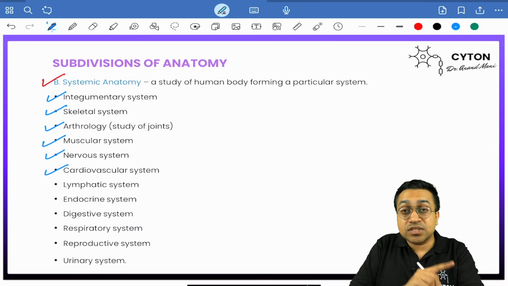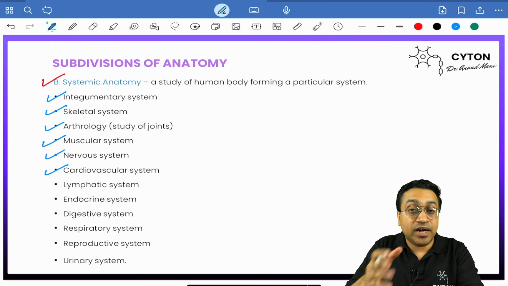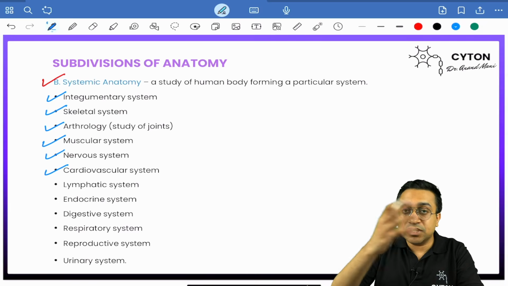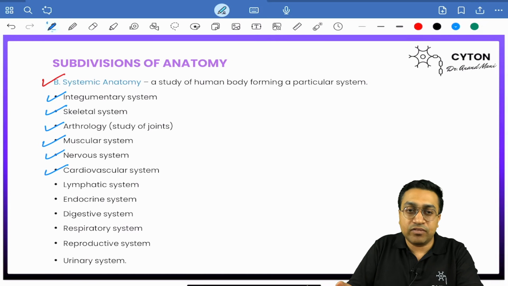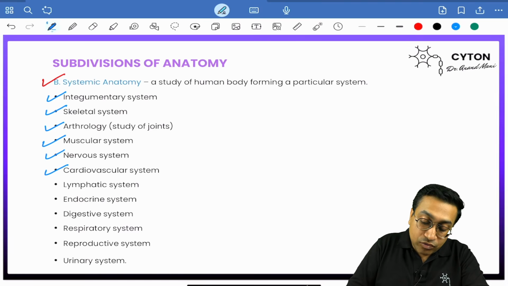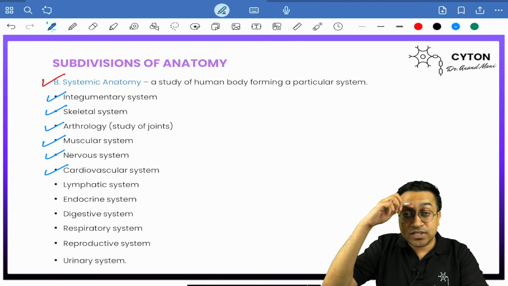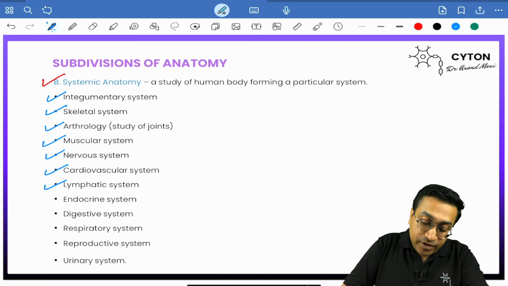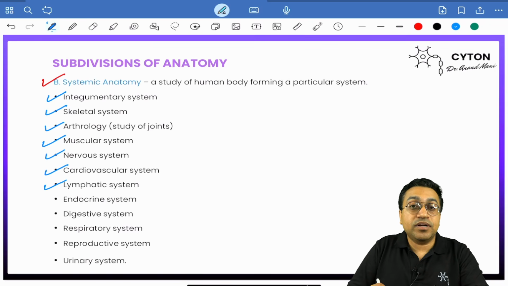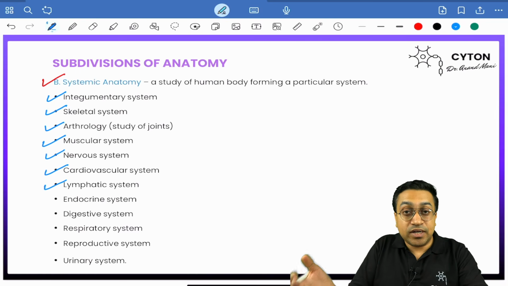In the muscular system, there is skeletal muscle, cardiac muscle, smooth muscle, the major muscles of the body, which you will read eventually. And then you have the cardiovascular system revolving around the heart and the important vessels. Lymphatics, there is a separate channel which is the lymphatic system, which we will take up separately in a class, and you will understand what it deals with.